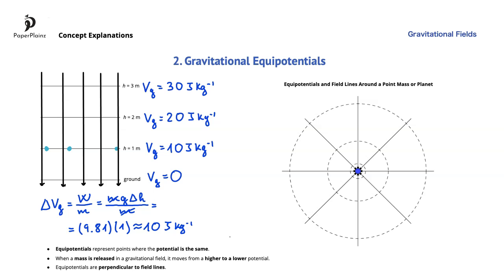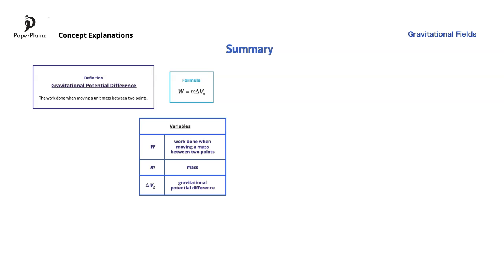Let's summarize what we have learned in this video. We began by defining gravitational potential difference between 2 points. Then we learned a formula to calculate gravitational potential difference along with the variables.